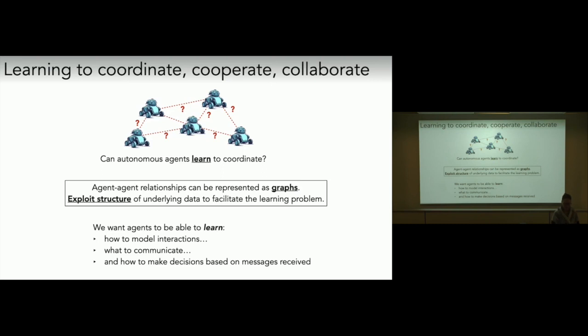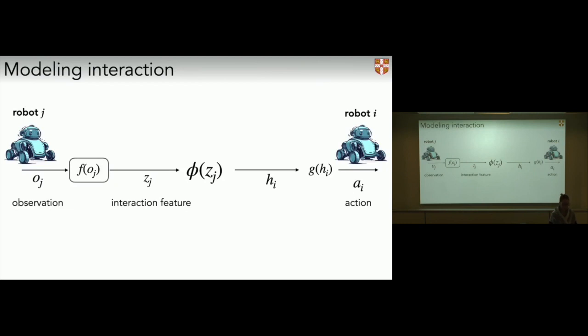So let me talk a little bit more about the maths, the foundations behind it, and how we go about this. So what we do is we begin by considering how we can actually model the interactions between two agents.